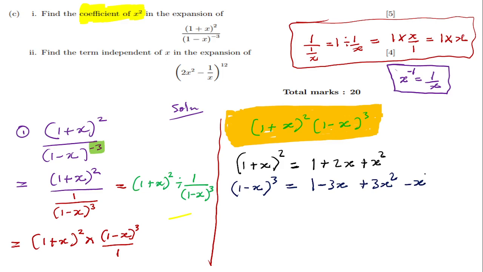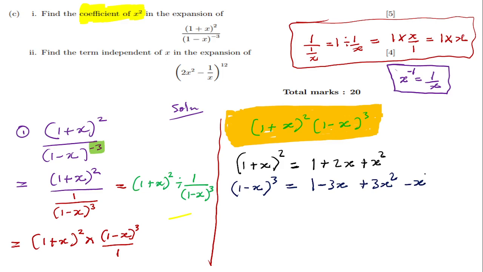So you're going to write it like that: (1 + 2x + x squared) multiplied with (1 - 3x + 3x squared - x cubed). So this is now what you have. But we are not going to multiply everything there.